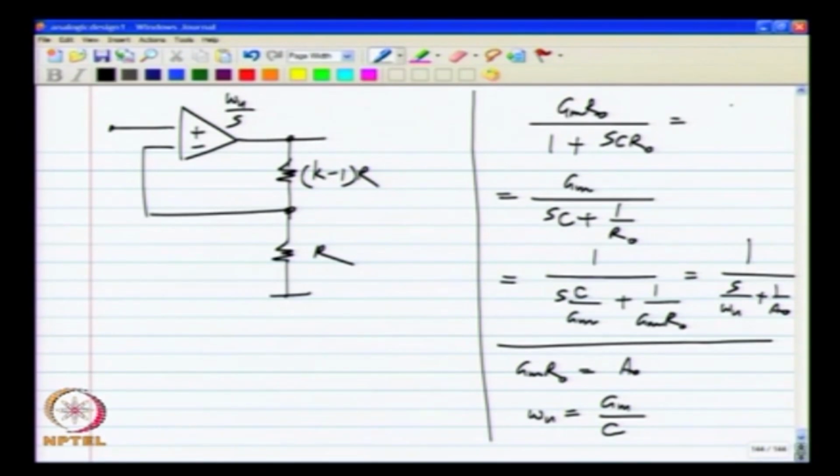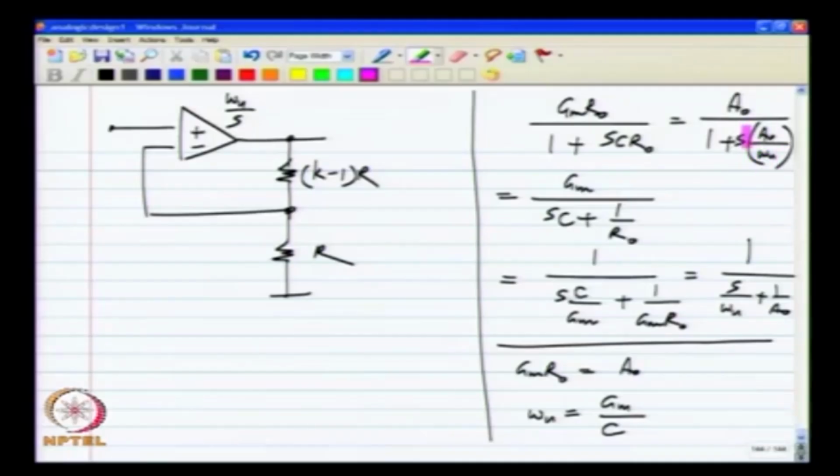If I write it in the first form, I will get a naught by 1 plus s a naught by omega u, sorry, s by omega u over a naught. Note that I have not made a notation for P1. So, we have 3 related parameters here, the DC gain g m r naught, the pole 1 by c r naught, and the unity gain frequency of the original op amp g m by c.